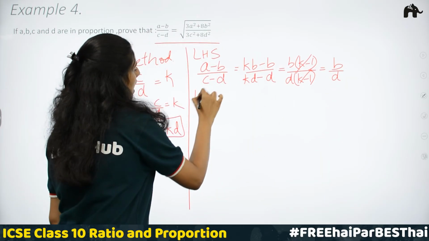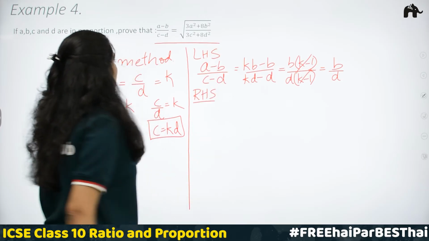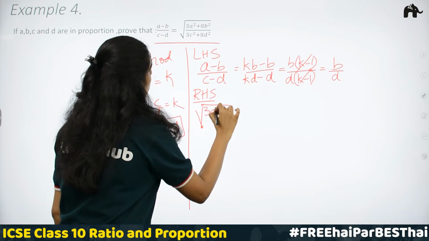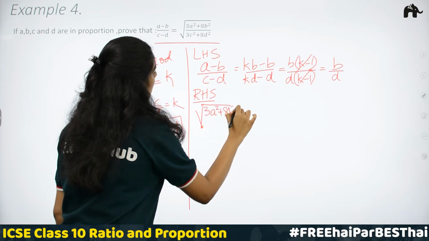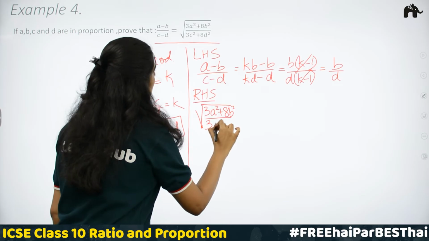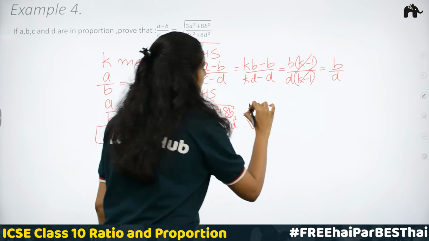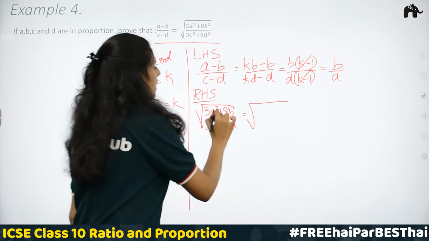Now take RHS. RHS is lengthy. We have root of 3A square plus 8B square divided by 3C square plus 8D square, which is equal to, keep the root as it is, 3A square.